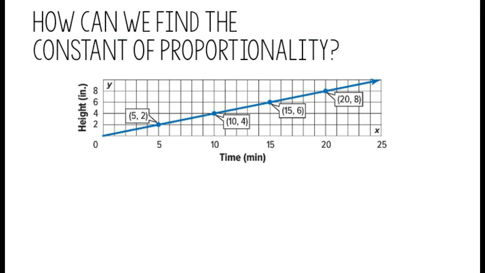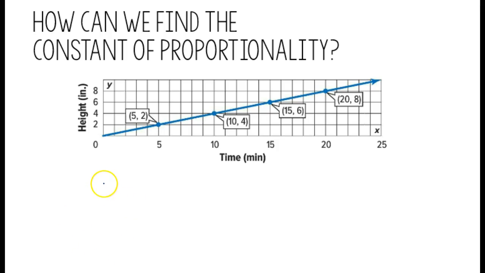Now I'm going to show you how to find the constant of proportionality looking at a graph. This graph right here forms a straight line, so we know that the rate of change is constant. We can use this graph to find the constant of proportionality. Just remember, to find direct variation, we need to figure out how much we multiply the x by to get y.